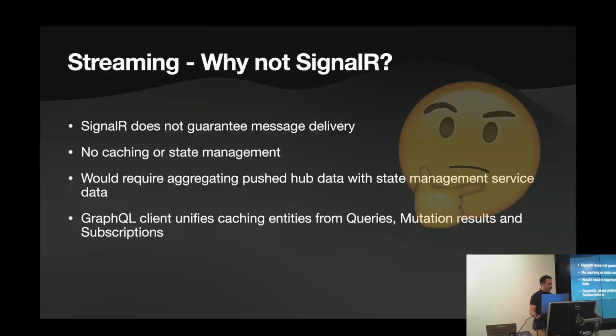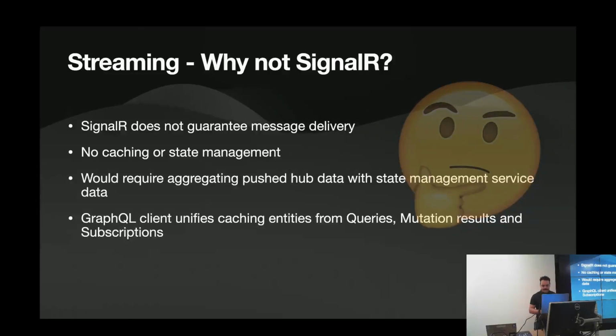So what that StrawberryShake GraphQL client gives us is a unified way to manage your application state regardless of which transport it's coming over, whether it's being queried over HTTP or being pushed to you by WebSockets. All the entities get cached in a single in-memory store, and the world's your oyster, really.